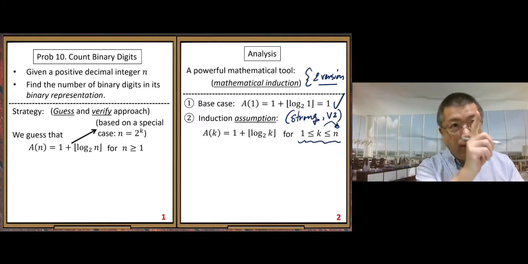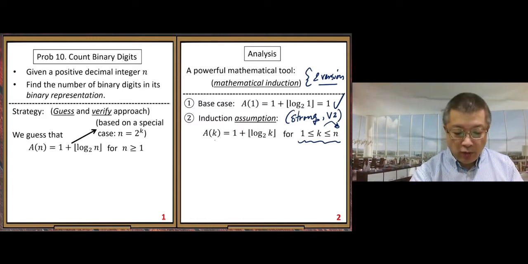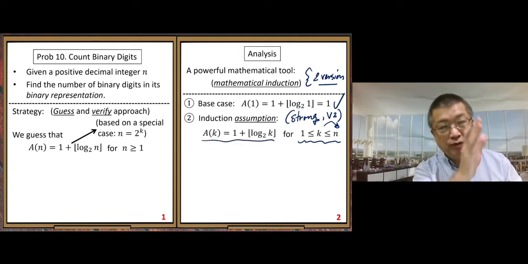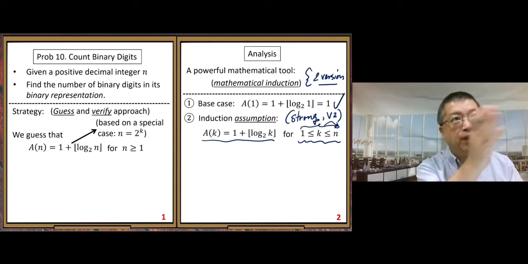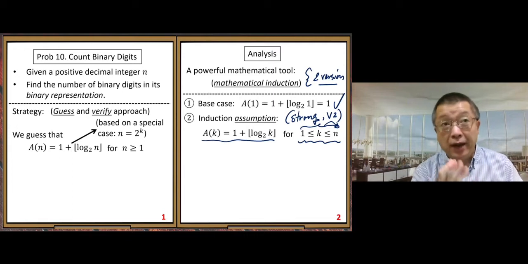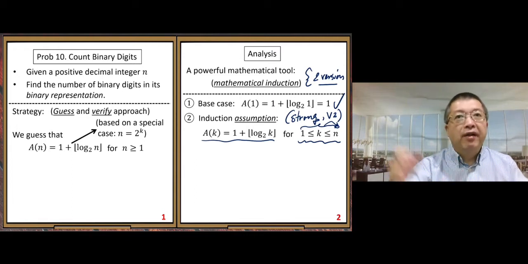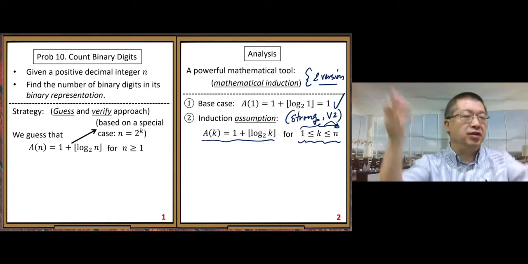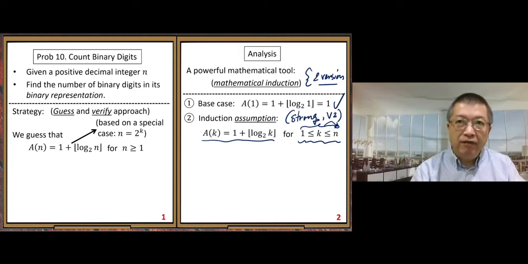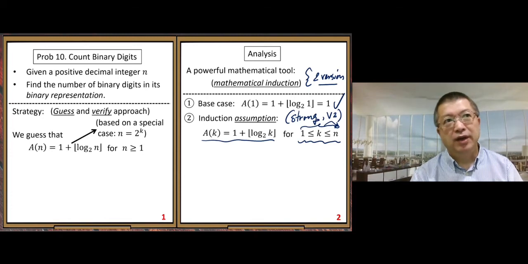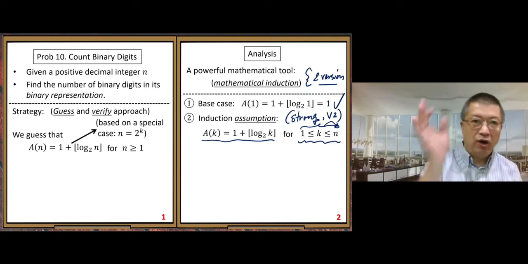We make more assumptions. It looks like we assume more, but actually these two versions are equivalent. Version 2 gives us more information than version 1, so let's use the stronger version.